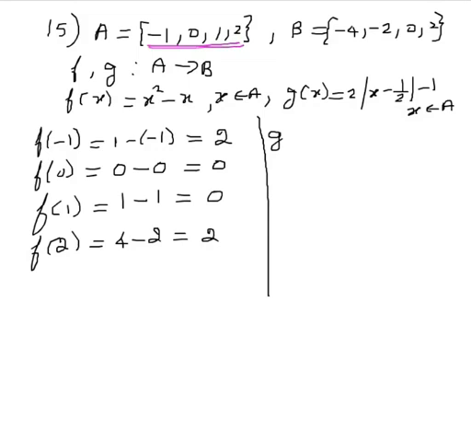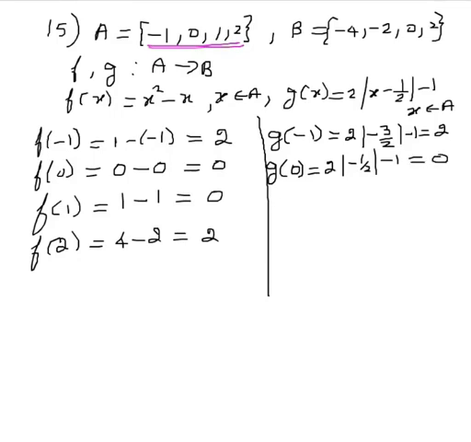g is also defined on the set A. So g(-1) is equal to 2 times |-1 - 1/2|, which is 3/2, so it becomes 3 minus 1, 2. Then g(0): 2 times |0 - 1/2| minus 1, so this becomes 1, 1 minus 1, the answer is 0.